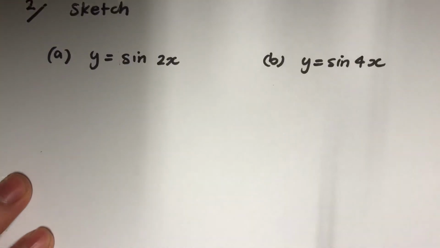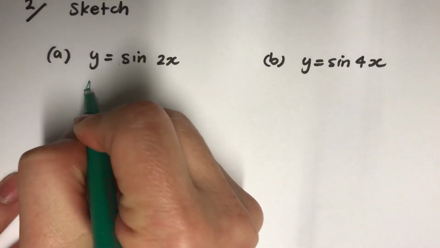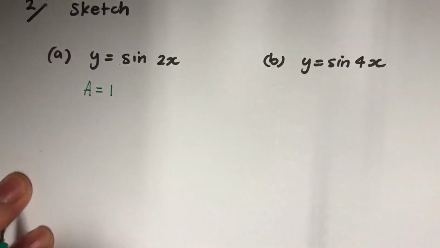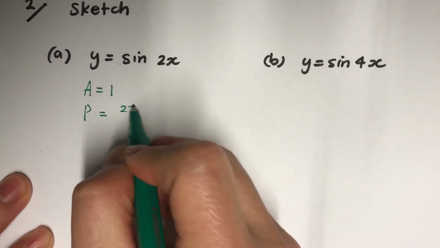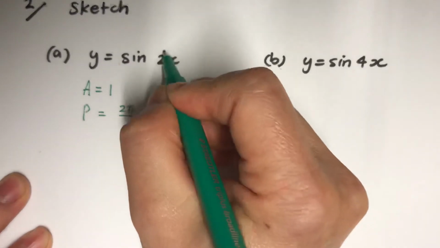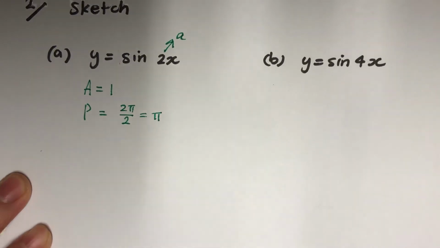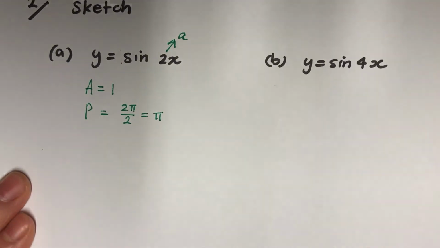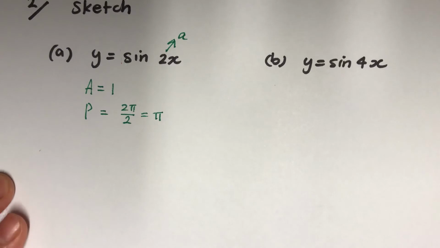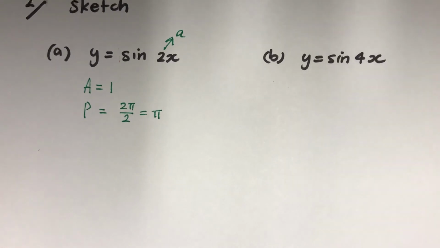Capital A for amplitude is 1, and my period, capital P, is 2 pi over A, and this is my A, which is 2. So it's pi. My whole pattern is going to complete in pi. If you think about from 0 to 2 pi, a whole pattern will complete in pi, halfway. So I will have 2 sets of the whole complete pattern.